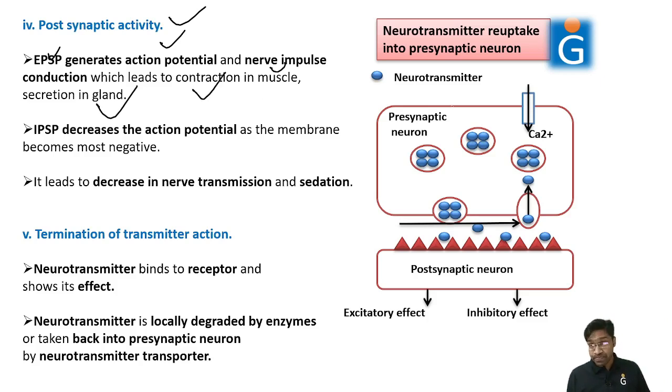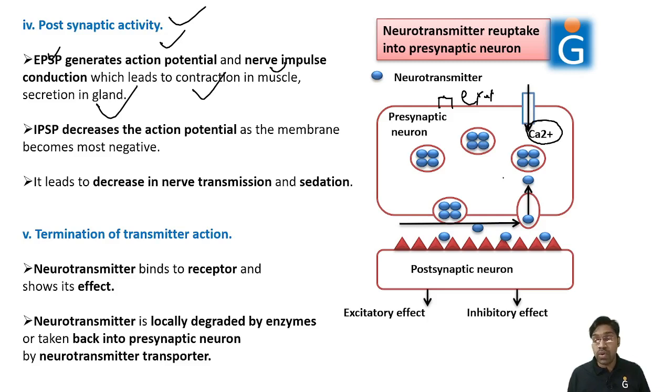As you see, when there is influx of the positively charged ion due to the excitatory neurotransmitter, when this EPSP, excitatory neurotransmitter, is going to bind to the postsynaptic receptor, it is going to open the channels and allow the influx of positively charged ions. Here it is calcium.